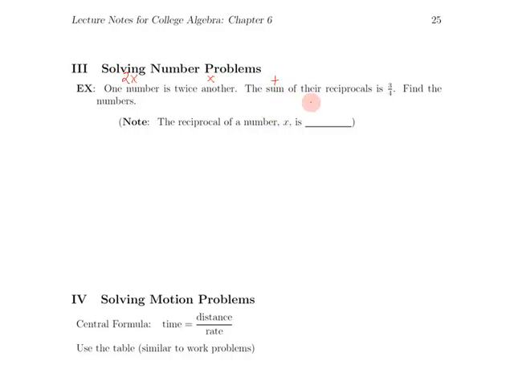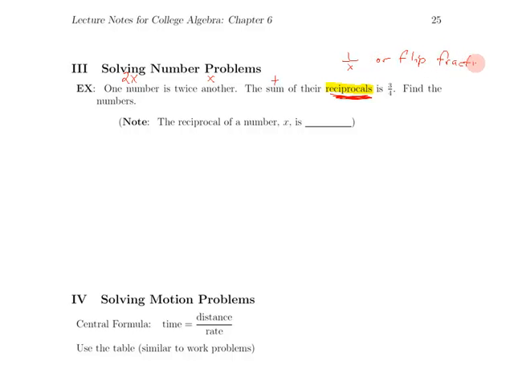Sum means plus, but this is the one word that I want to emphasize in this section because it's where the fractions show up, and we're talking all about rational expressions in this chapter. You just got to remember the word reciprocal means basically to flip the fraction, right? 1 over the number, or to flip the fraction.